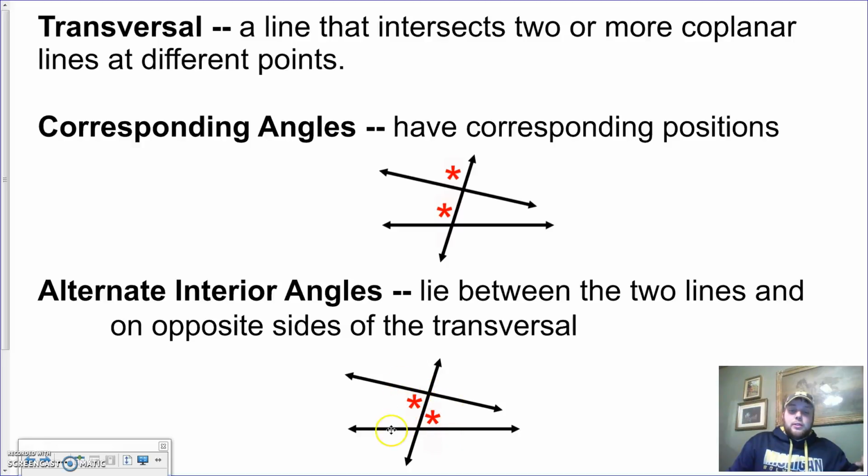They're going to be between the two lines, and they're alternating on the transversal. They're not on the same side of the transversal. Corresponding, we're on the same side of the transversal, right? They're alternating, so one's on one side, one's on the other, and they're both located on the inside. Do you see how it's inside? Okay, so alternate interior. Interior is inside.